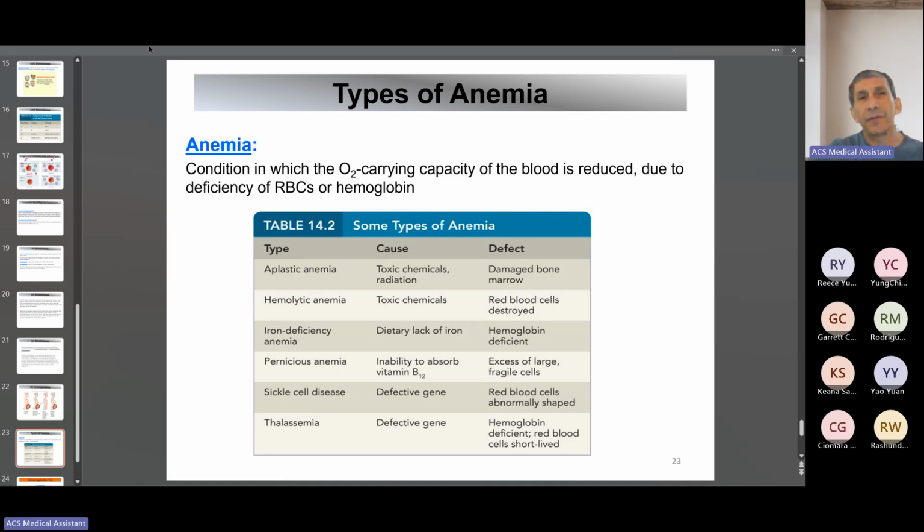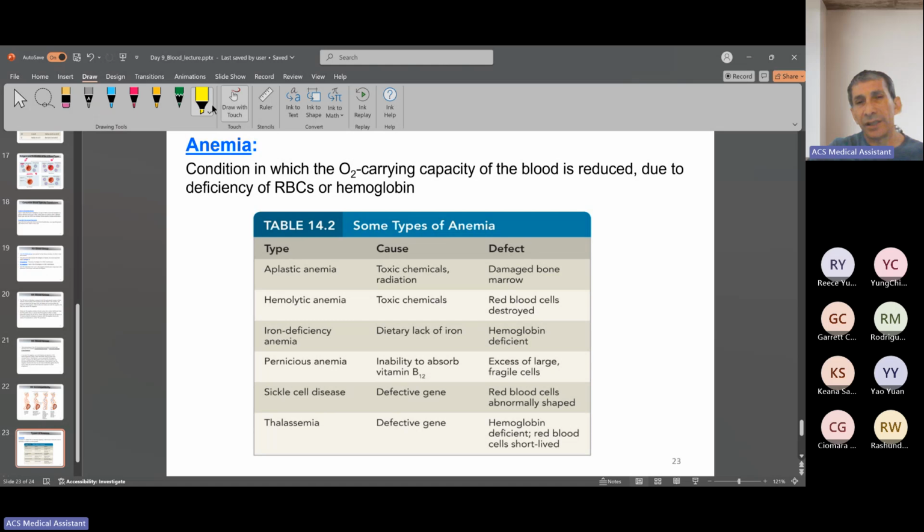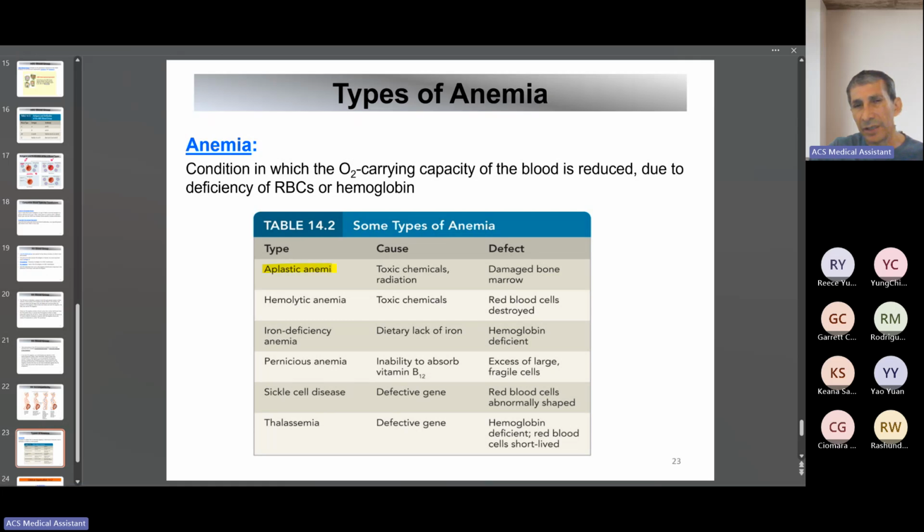So we have first, right here, aplastic anemia. Aplastic anemia is caused by chemicals or radiation. See, that's why when you get x-rays or things like that, they protect you with an apron that is made of lead.